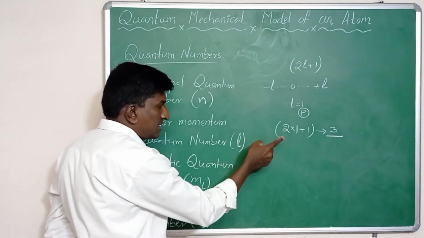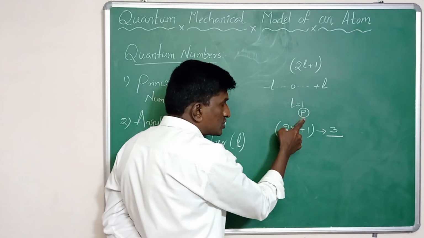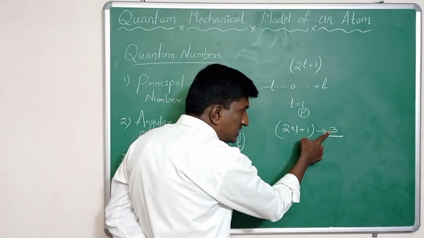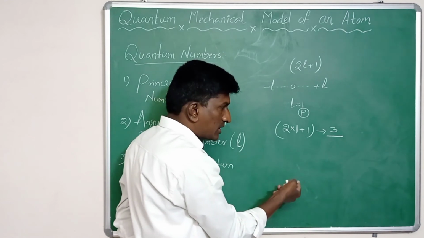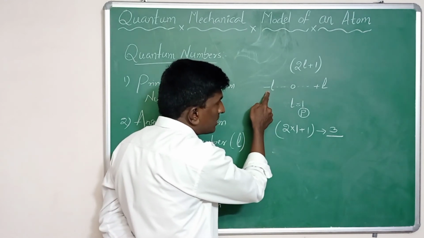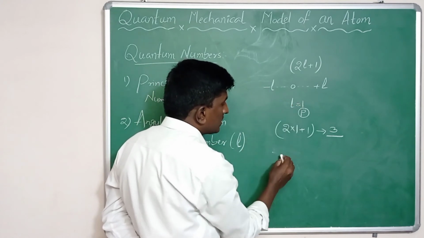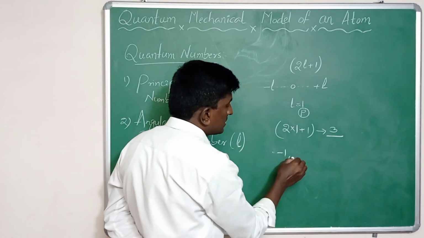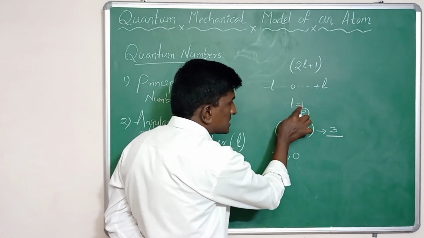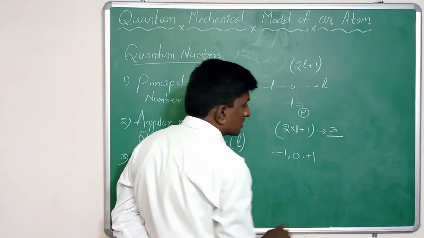Total 3 magnetic quantum numbers are there for this l value, which means the p orbital again divides into 3 finer subshells, orbitals. Their values: the minimum ml value is minus l, so here l equal to 1, that is minus 1, 0, and the maximum value is plus l, so plus 1.